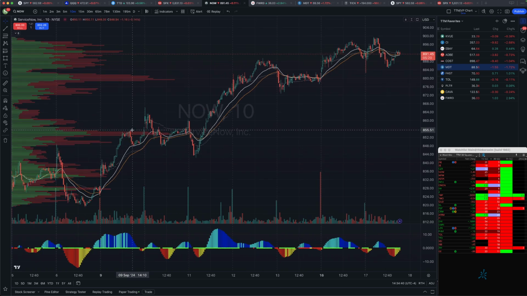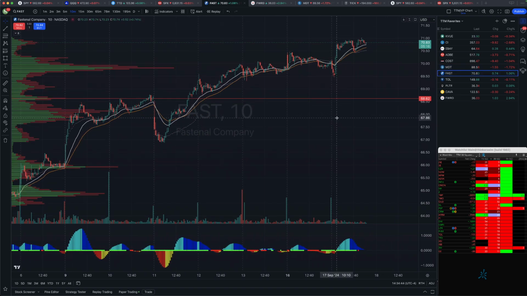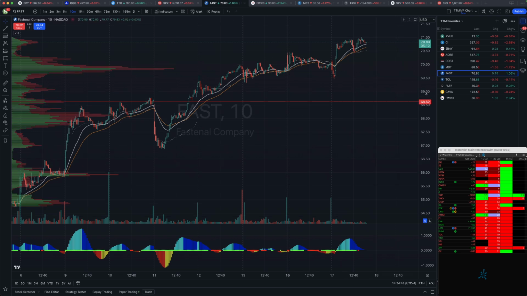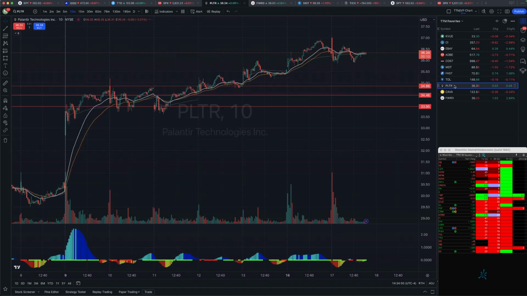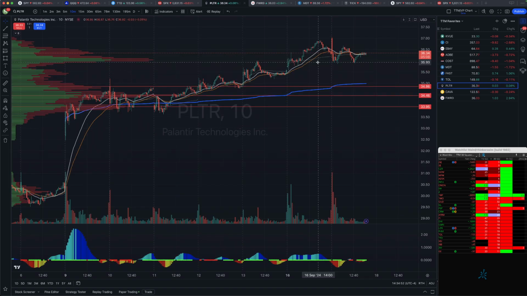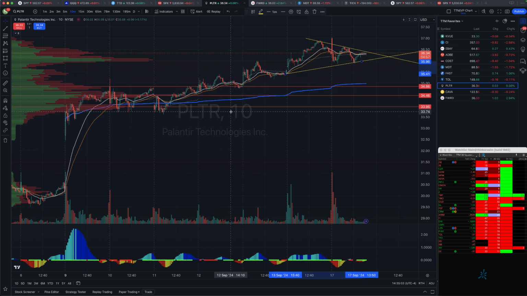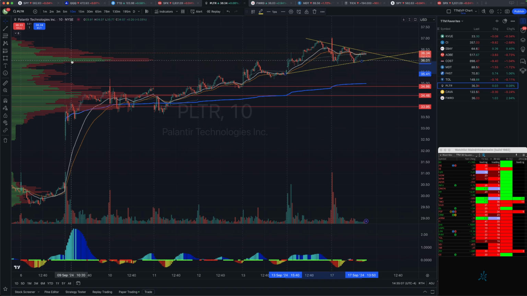Does anybody have anything that they would like me to look at? Maybe something that's showing a chart pattern. I mean, you can pretty much spot these anywhere, right?